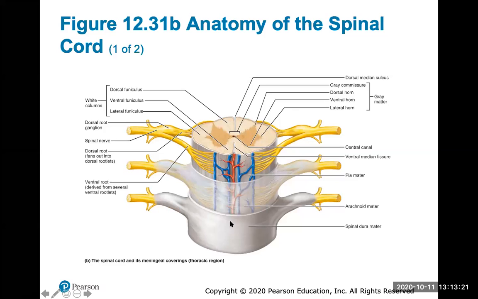So here, showing the different layers surrounding the spinal cord, the different meningeal layers. Here's the dorsal and ventral horn, and then there's also a lateral horn in the gray matter. And again, dorsal means posterior, so the dorsal horn will be connected to the dorsal root and the dorsal root ganglia, and the ventral root will be connected to the front side of the spinal cord.